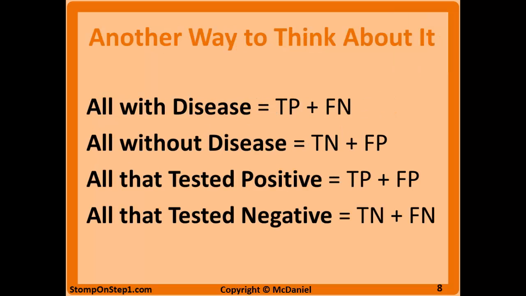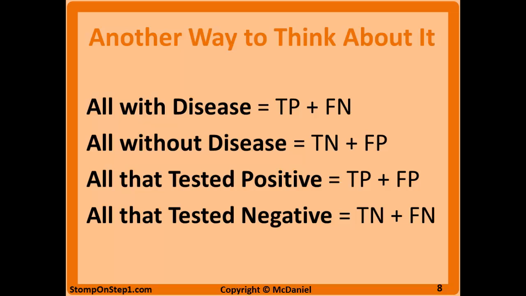Just to sort of review what we already covered from a different point of view, all the people with disease would be the true positive plus the false negatives. All the people who are healthy or without the disease that you're looking at would be true negative plus false positive. All those that tested positive would be true positives plus false positives, and all those that tested negative would be true negative and false negative.